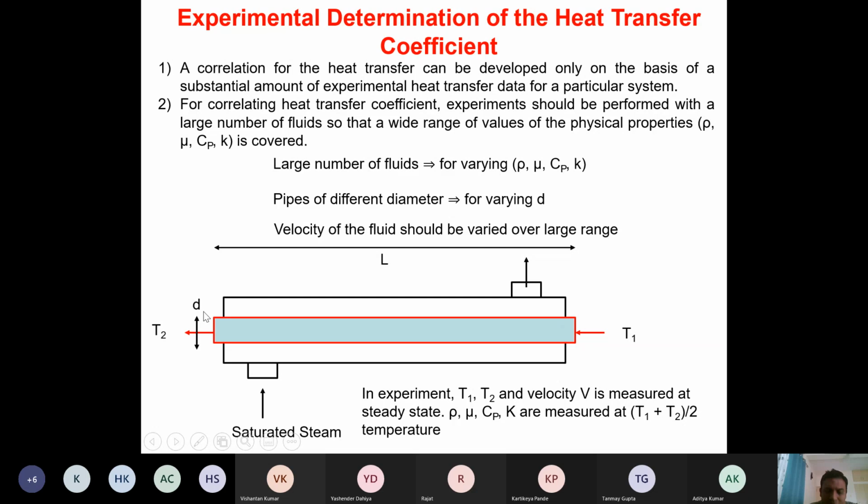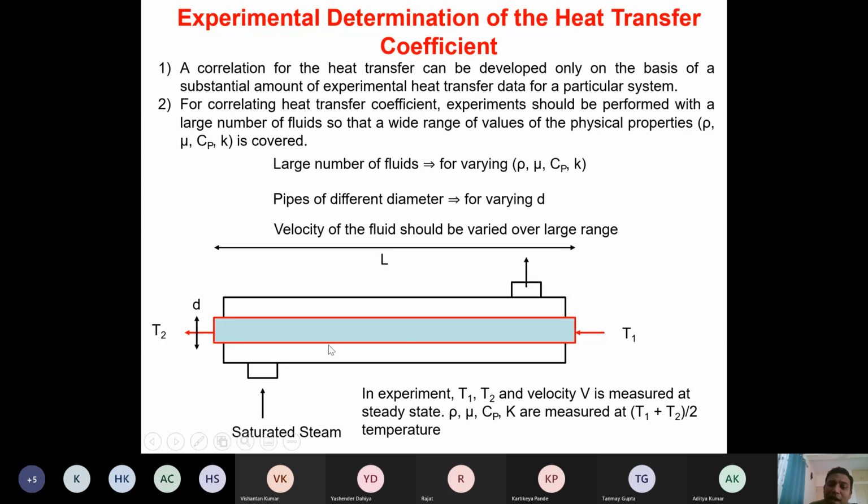So this is one diameter, I can have another diameter. Also, the variability in velocity can be accounted for by varying the velocity over a large range, isn't it? From the laminar region to the turbulent region, something like that.